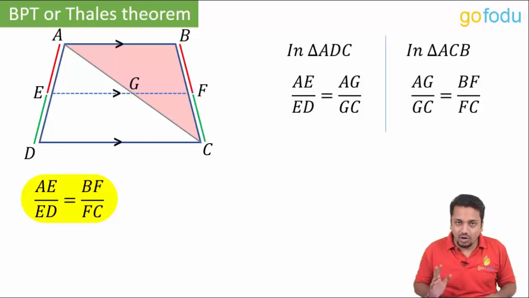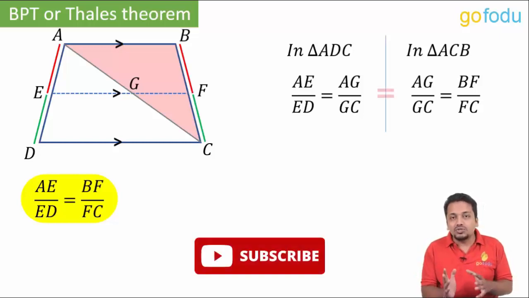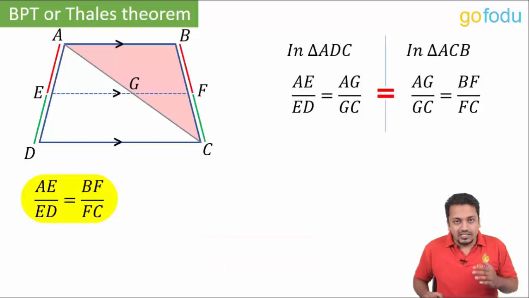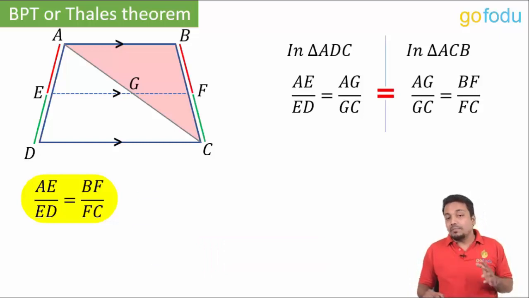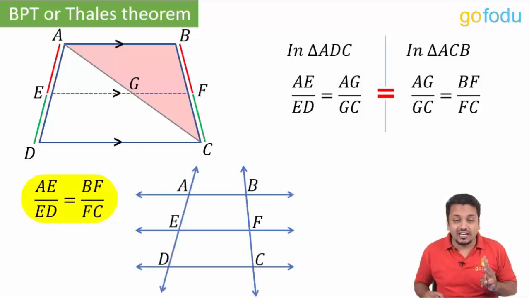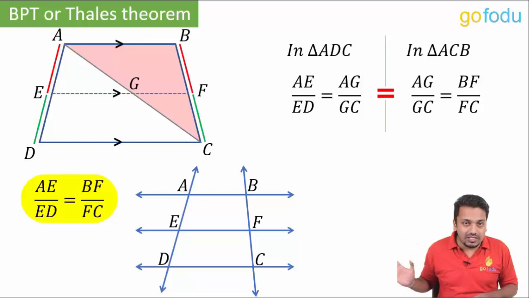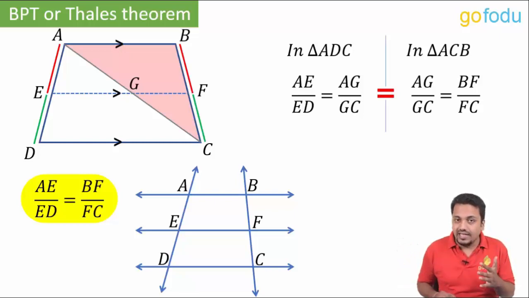AG upon GC is common in both, so we can club these two. AE upon ED is equal to BF upon FC. And the same ratio can be seen when three parallel lines are cut by two transversals. So here also, ABCD is a trapezium and AE upon ED will be equal to BF upon FC.